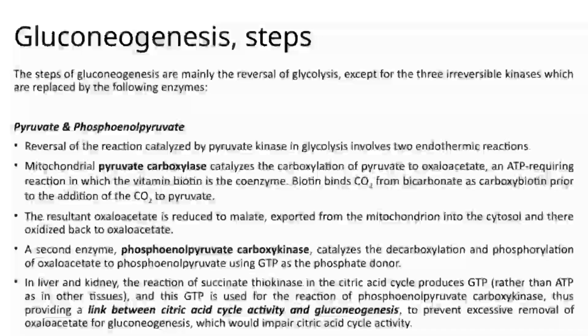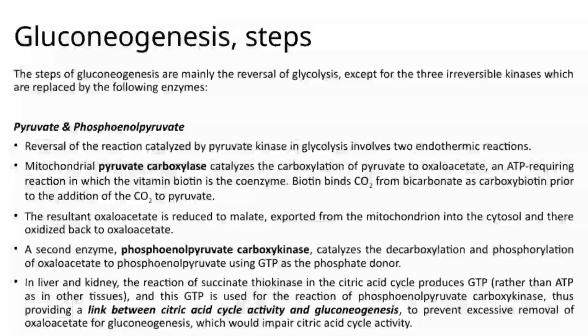The next step involves phosphoenolpyruvate carboxykinase, which decarboxylates and phosphorylates oxaloacetate to produce phosphoenolpyruvate, or PEP, using GTP as the phosphate donor. An interesting point here is that in the liver and kidneys, the enzyme succinate thiokinase produces GTP during the citric acid cycle, rather than ATP as in other tissues. This GTP is then used by phosphoenolpyruvate carboxykinase, creating a vital link between the citric acid cycle and gluconeogenesis.